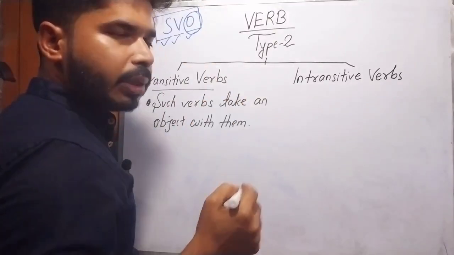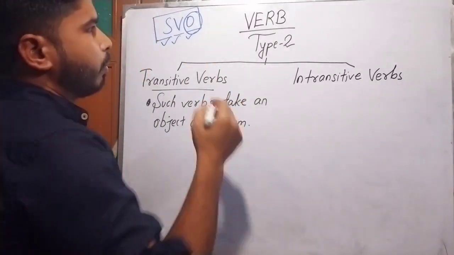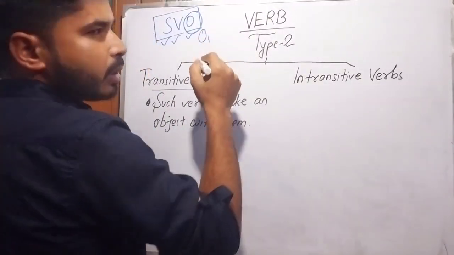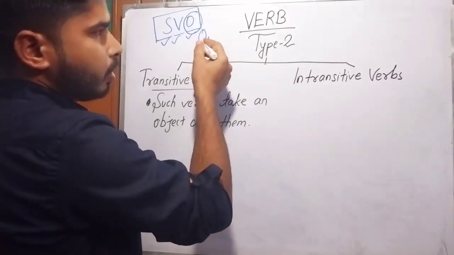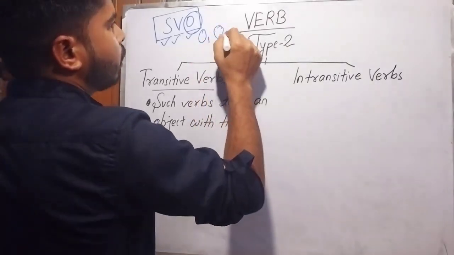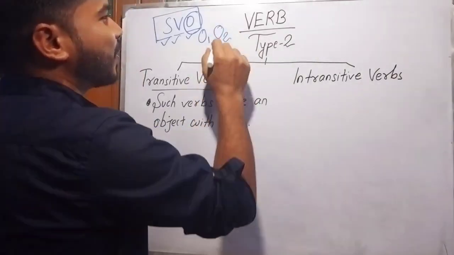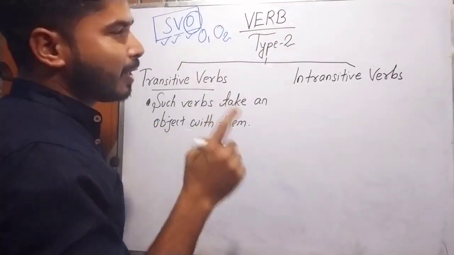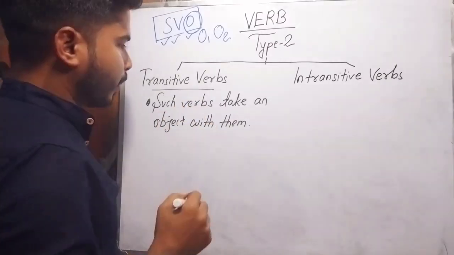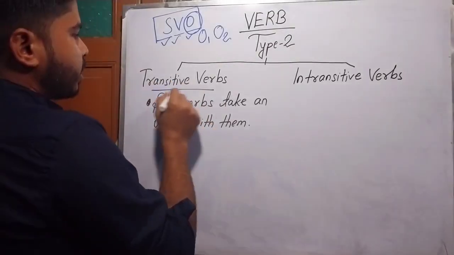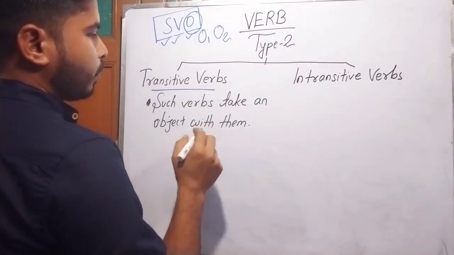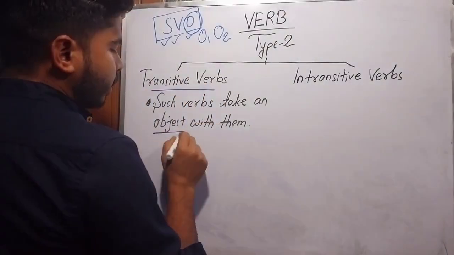If we have more than one object, then we call them O1, that means first object or object 1, and O2 means, here O2 is not oxygen, O2 is object 2 or second object. Okay, so in transitive verbs we will have an object with them.